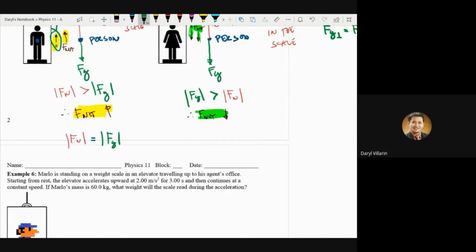That only happens if a is equal to 0. If a is equal to 0, it is either at rest or at constant velocity.